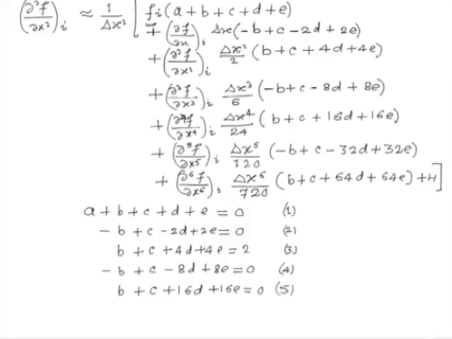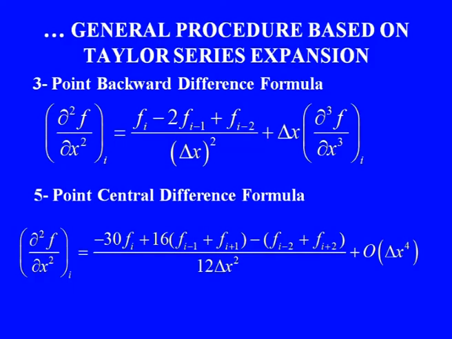So, now we have 5 equations in 5 unknowns a, b, c, d, e, and you can solve these equations. That I would leave as an exercise. I will just give you the summary of the results, that if you solve these equations, we will get the values of a, b, c, d, e.